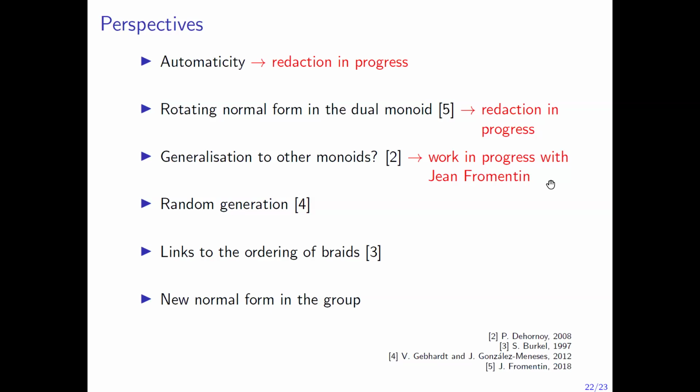But it coincides with the order of braids given by the lexicographic order on alternating normal forms. So we first compare the number of blocks, and if the number of blocks is equal, we compare each block. Those two orders coincide, which means that if we have more information on the alternating normal form and the blocks and how it behaves, we can deduce things on the ordering of braids, which is another big subject in this domain. So this is where it was coming from initially.